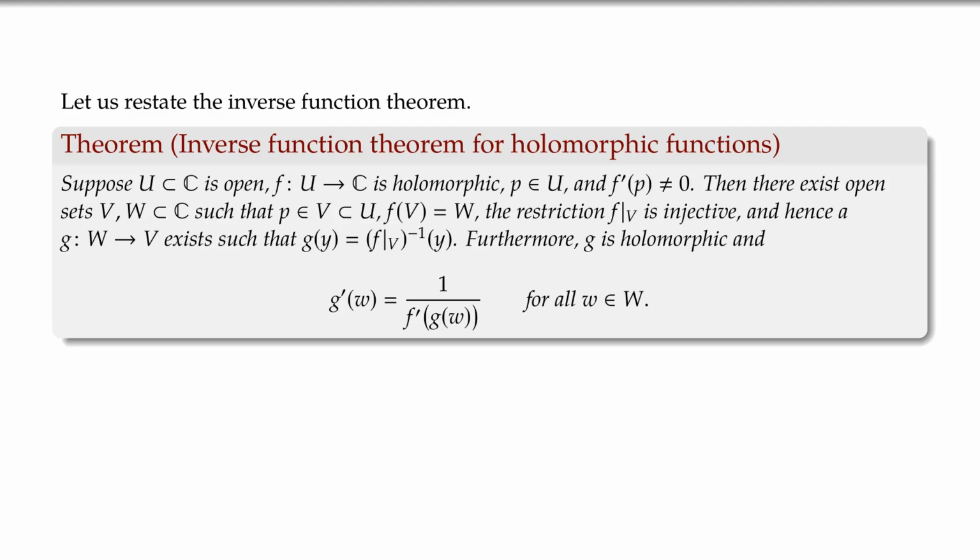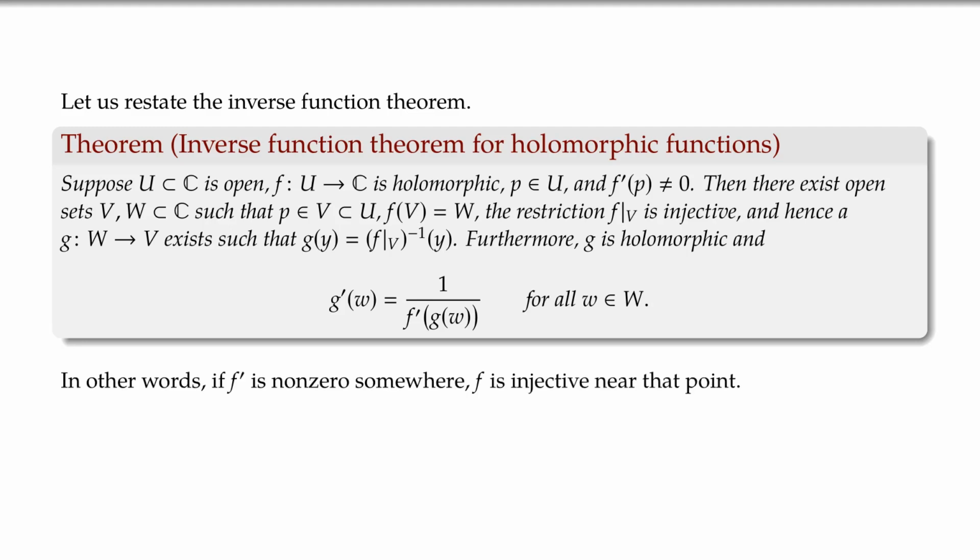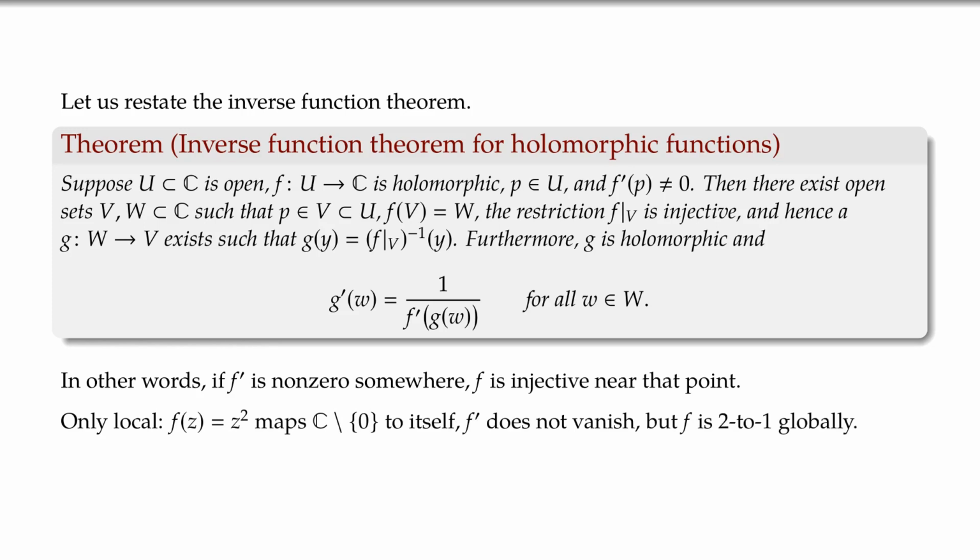The inverse function theorem is for any type of functions, but in this case we get holomorphic functions, and the inverse is holomorphic. So that's the inverse function theorem, right? Again, this is local. It's not global. If we take, let's say, the punctured complex plane, then z squared maps the punctured complex plane to itself.